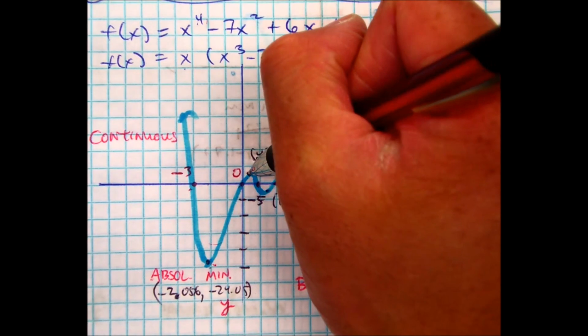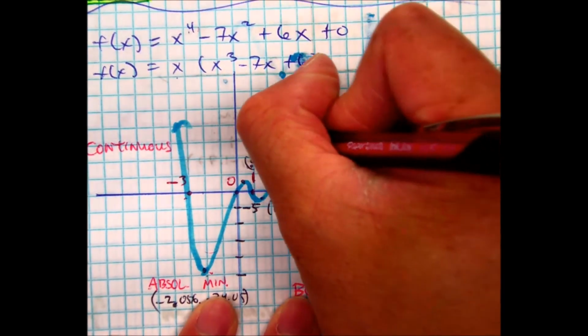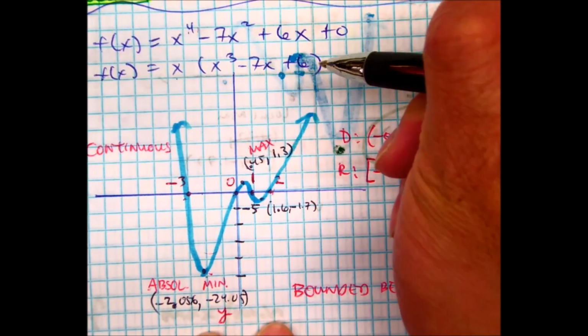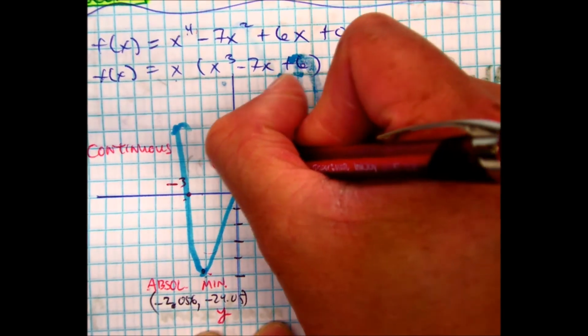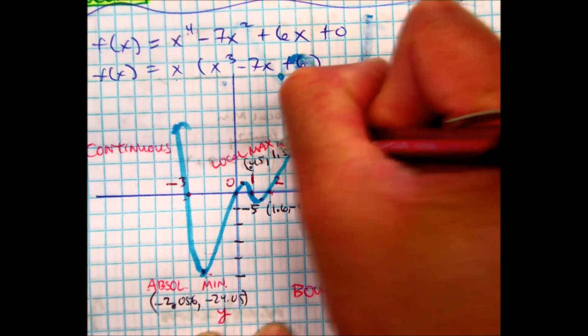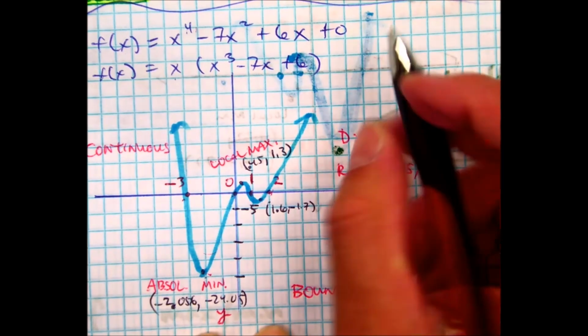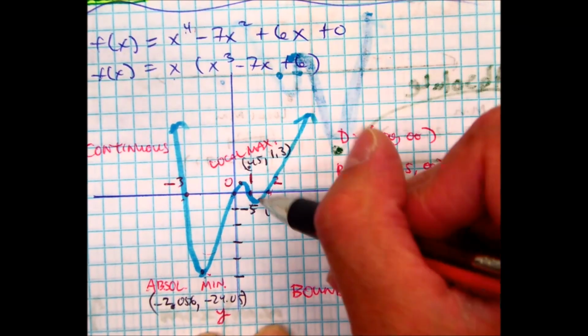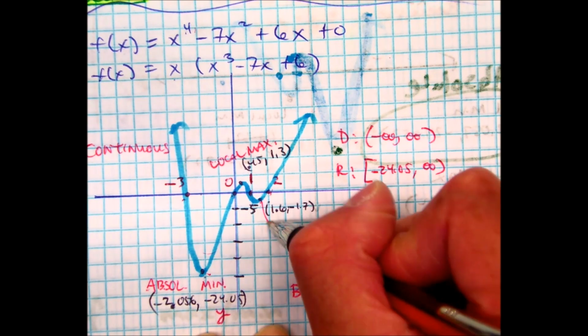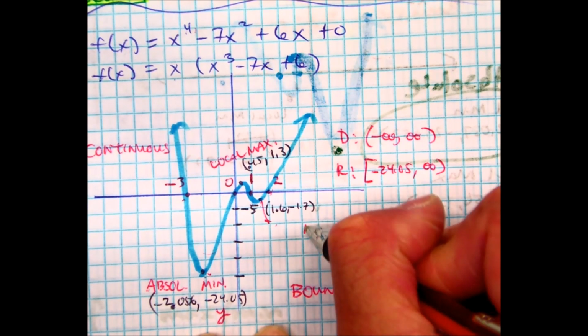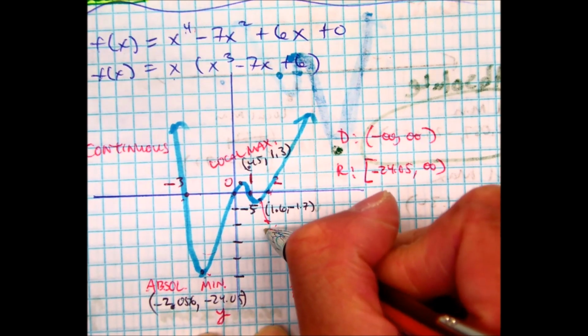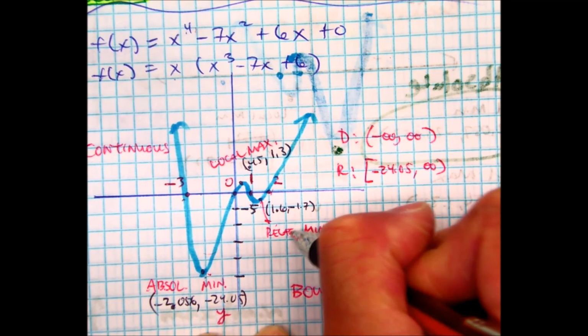How about this one up here? What kind of maximum? Relative or local one, right? Because we know that the graph can go higher, so there might be another part, a turning point up there. And how about this one down here? What type of minimum? Relative or local. Remember, relative and the word local are the same.